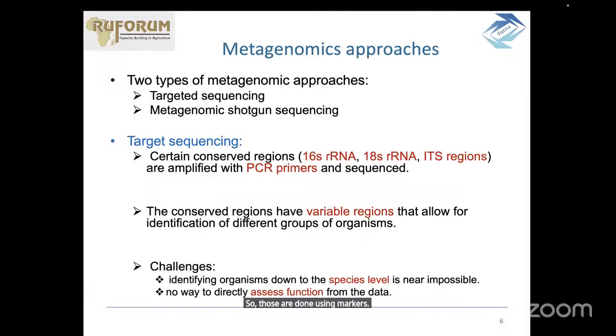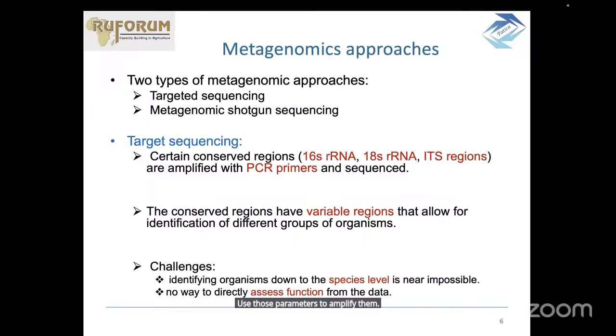The three common markers are 16S rRNA, 18S rRNA, and the internal transcribed spacer, ITS, region. In order to work with those, we have to use PCR primers. So you take one of those markers and use those primers to amplify them.